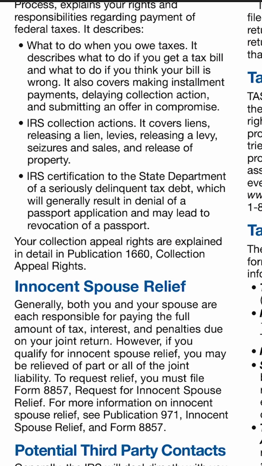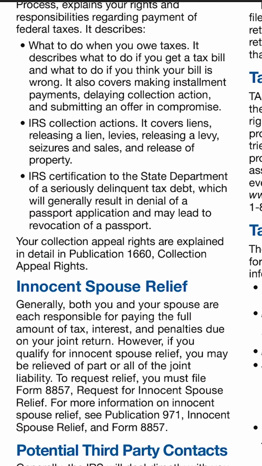Repeat: if we examine your return for the same items in either of the 2 previous years and propose no change to tax, please contact us as soon as possible so we can see if we should discontinue the exam. So if you go under exam, you shouldn't be examined again in the next 5 years. It was when we were worried about communism, and then in the Vietnam War, that we were examining people every single year. Congress thought that was unfair.